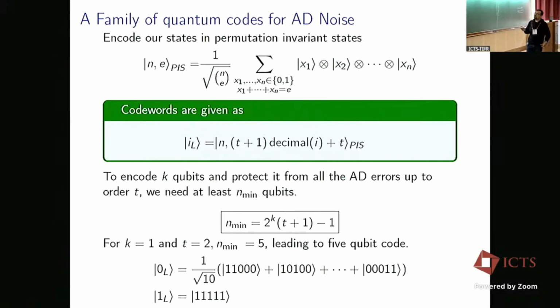To encode k qubits and protect against AD errors up to order t, we need at least 2 to the power k(t+1) minus 1 qubits. So when k equal to 1 and t equal to 2, n should be 5, and this is the 5 qubit code. This can correct up to second order, so in the fidelity expression there will be no gamma squared term as well.